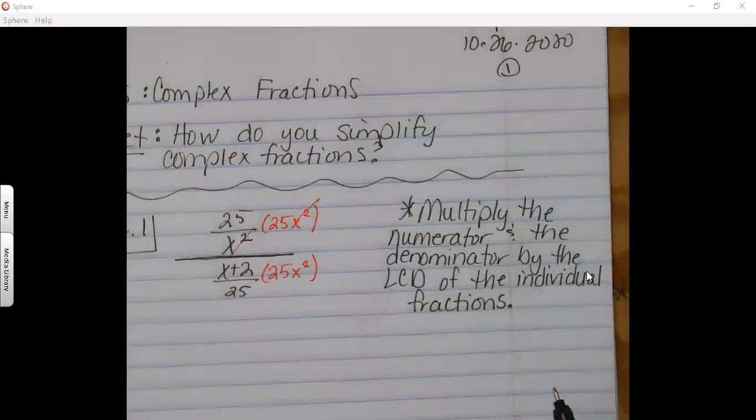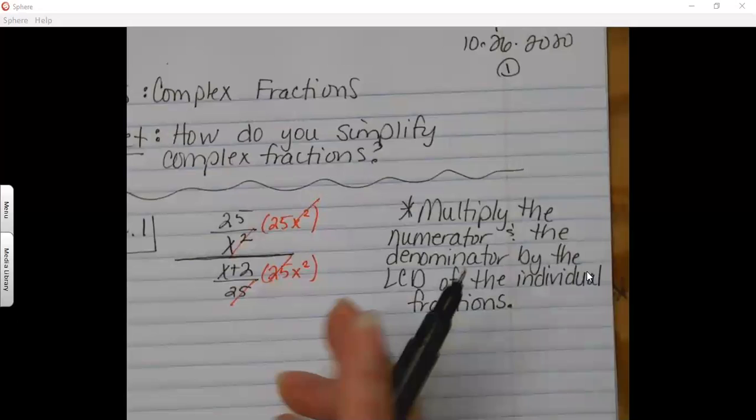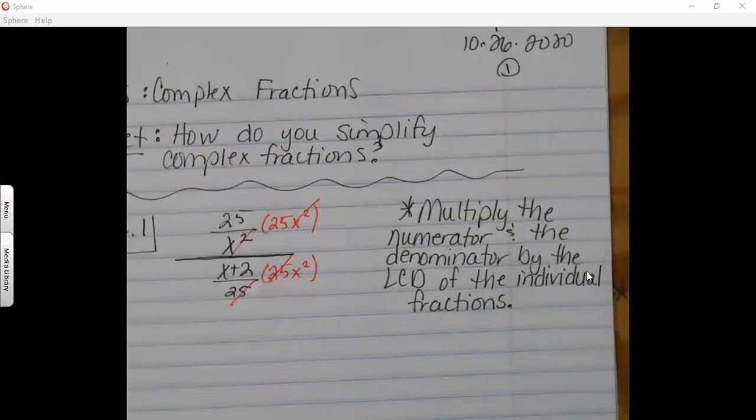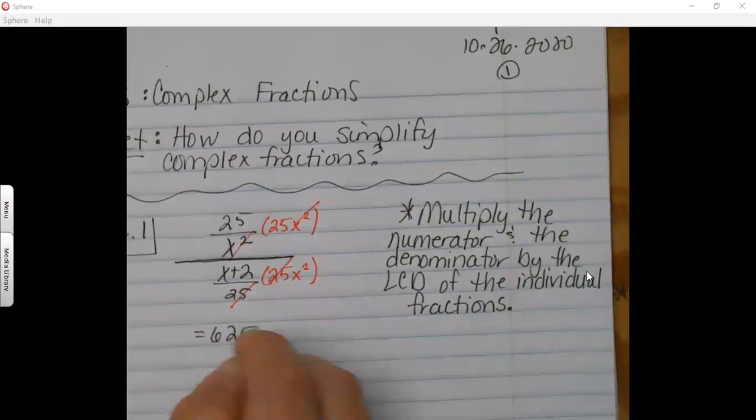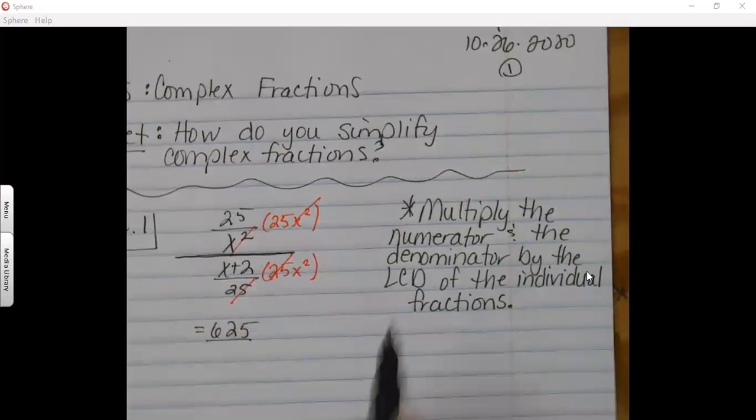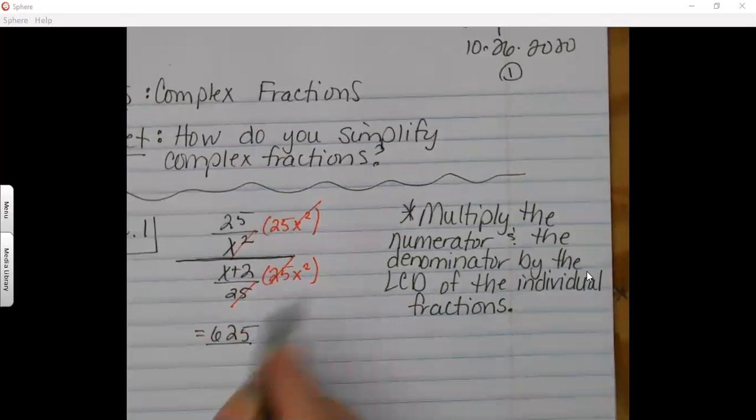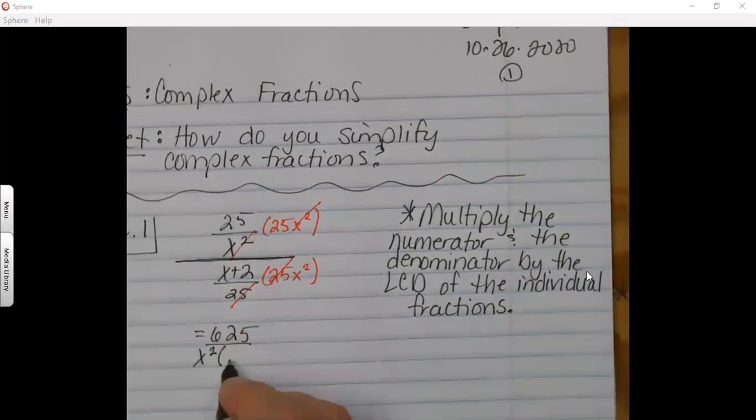And then in the denominator of the big fraction, 25 divided by 25 is 1, that cancels out. So the denominators of the individual fractions should completely go away. In the top, I'm left with 25 times 25, which is 625. And in the denominator, I'm left with x plus 2 times x squared. Well, I'm going to put the x squared to the left: x squared, open parentheses, x plus 2.